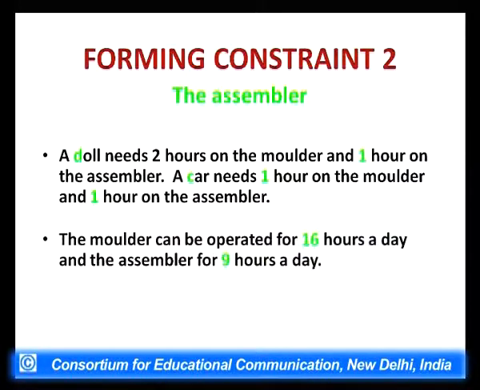The molder can be operated for 16 hours a day, but we are now talking about the assembler. It operates only 9 hours a day. So, we will have a constraint D plus C is less than or equal to 9. As earlier we stated, the maximum value of D plus C can be 9.